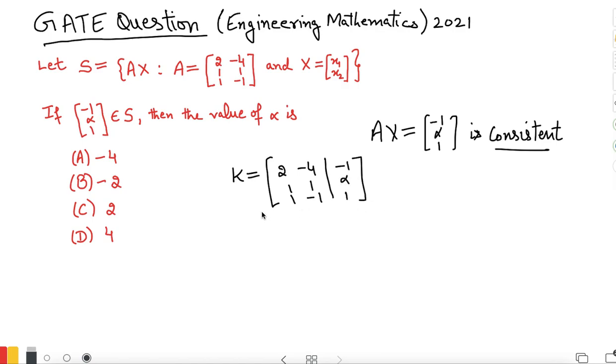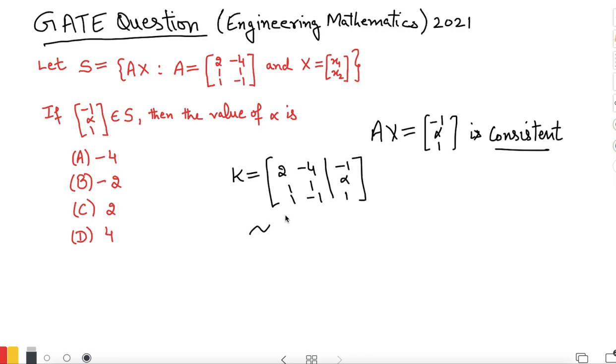Clearly this is the augmented matrix for the non-homogeneous system, and if it is consistent then the vector will lie in S, otherwise it will not. To check consistency we can reduce it to echelon form.